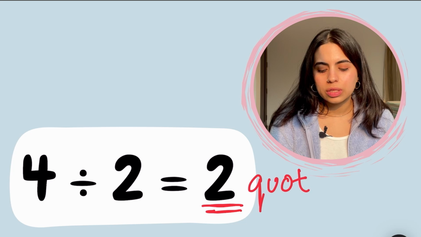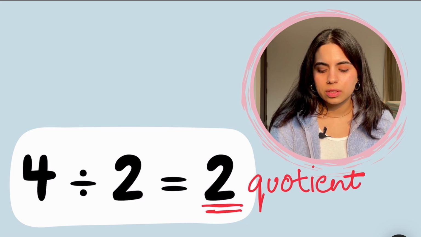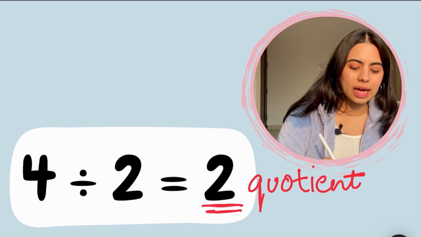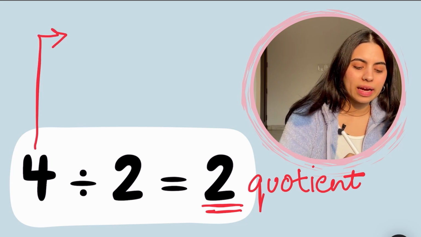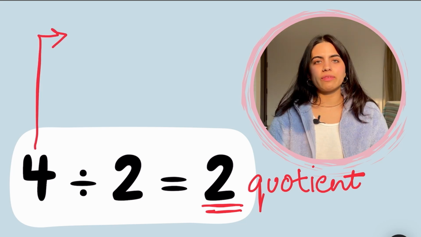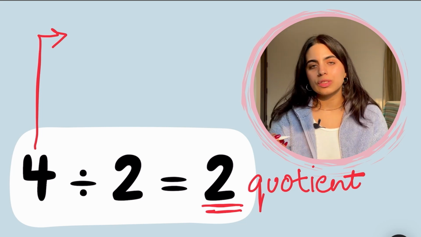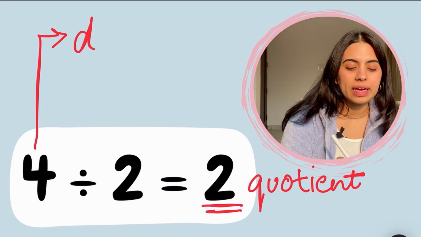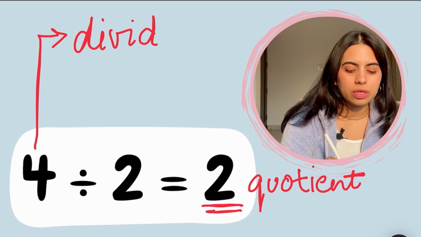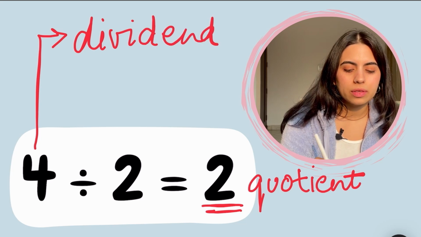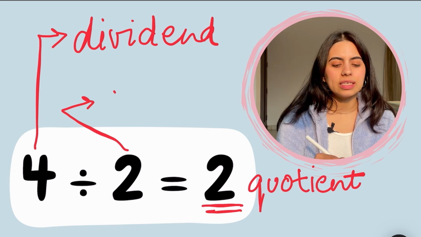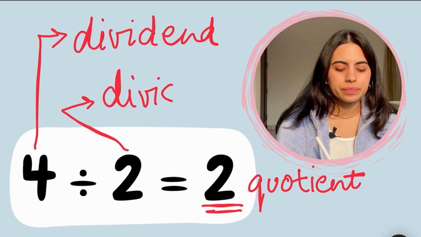So this is the quotient. What is this number that is being divided? So 4 is being divided. There were 4 stars. So that is the number we were dividing. So 4 here is the dividend. So here we have the dividend and 2 is our divisor.